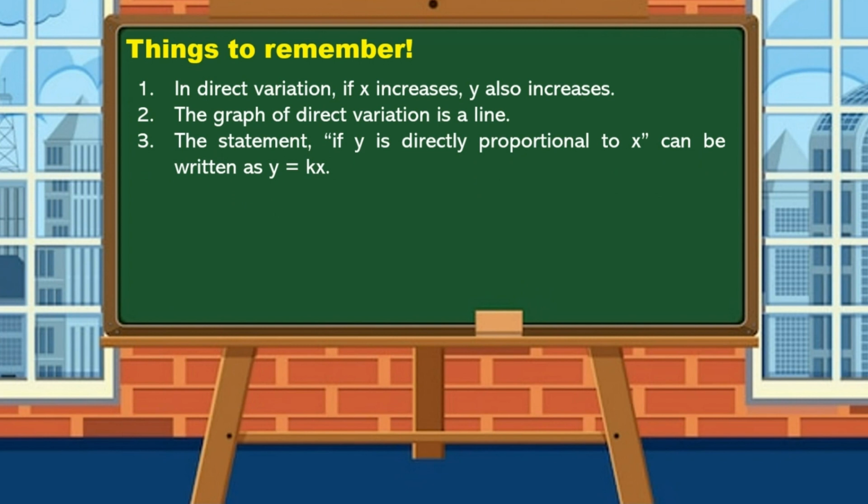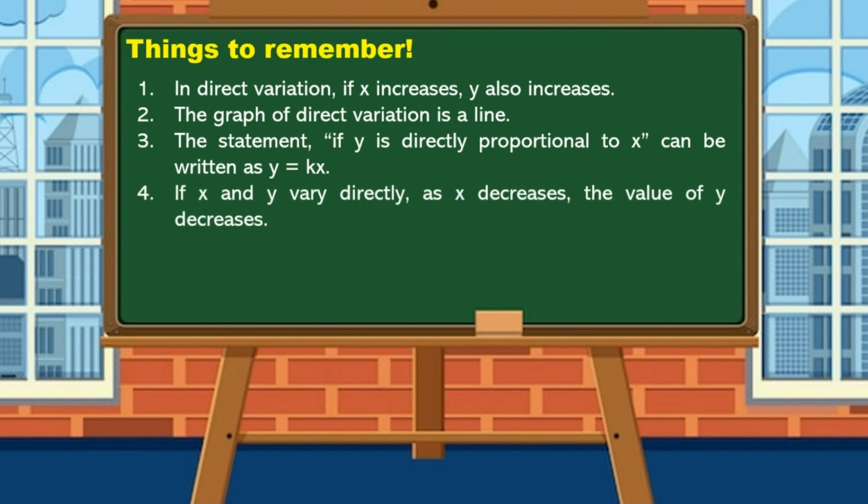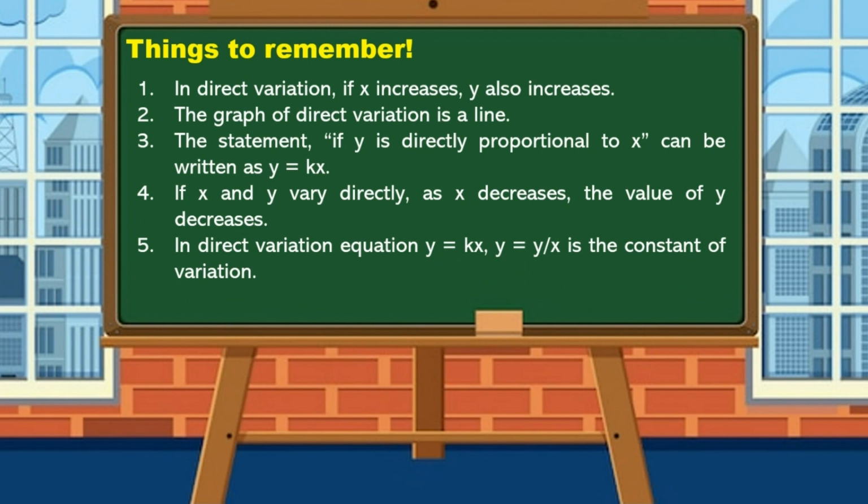The statement, if y is directly proportional to x, can be written as y is equal to kx. If x and y vary directly, as x decreases, the value of y decreases. In direct variation, y is equal to kx, where y over x is the constant of variation.